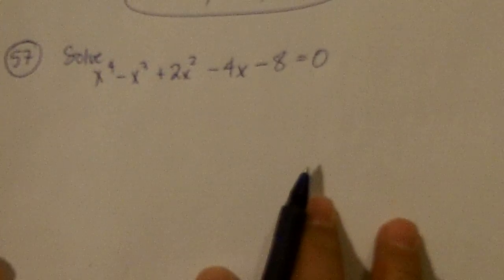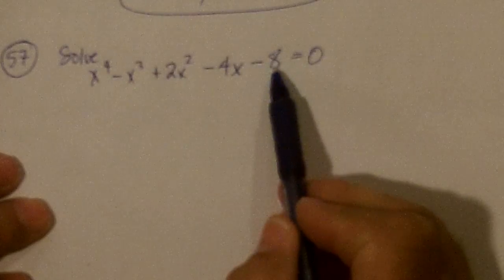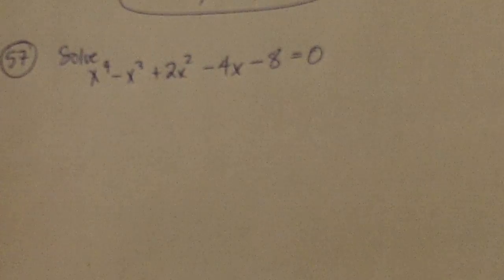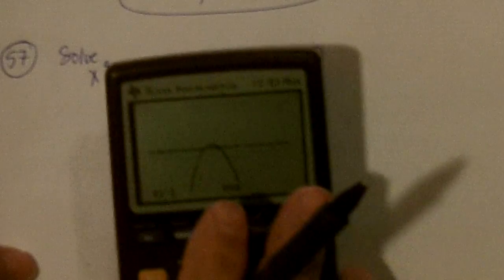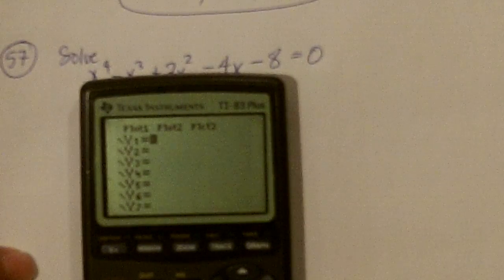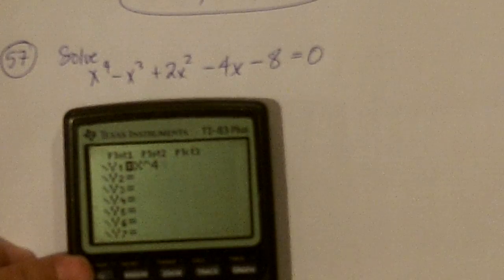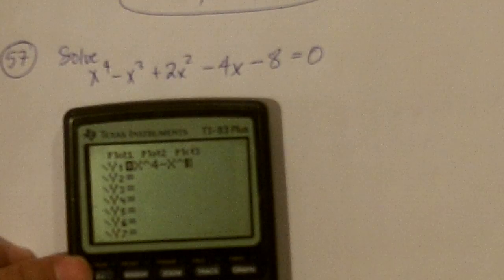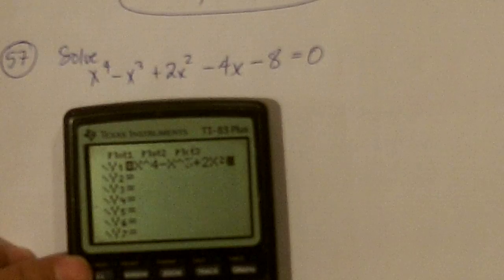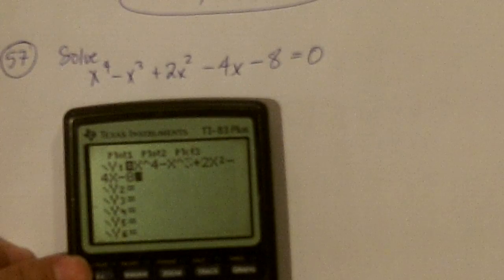Okay, so now let's do the final one here. Solve this one. Well, the only nice numbers would have to be factors of 8 over factors of 1, which are 1, 2, 4, and 8, plus or minus. Let's see if anything looks like that. So go to the calculator, and we're going to type in x to the 4th minus x to the 3rd plus 2x squared minus 4x minus 8.